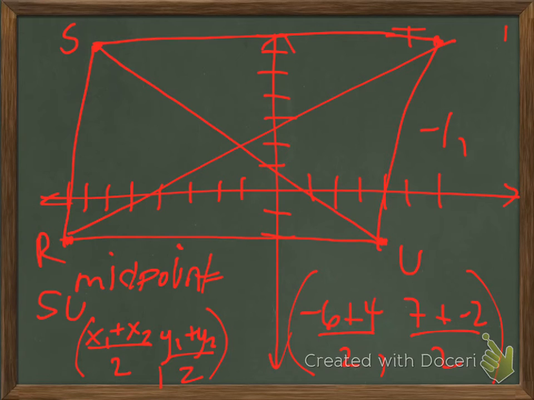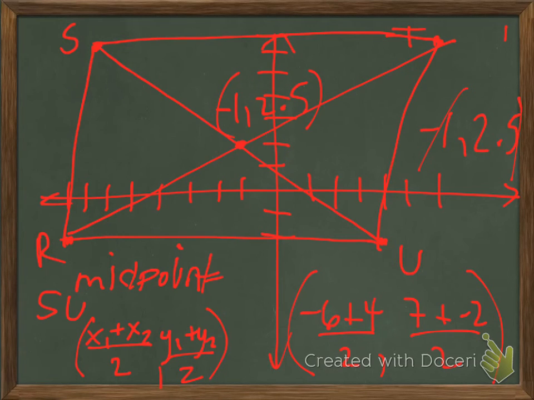And 7 plus negative 2 is 5. 5 over 2 is 2.5. So our midpoint is negative 1, 2.5. And that would be where they would cross.